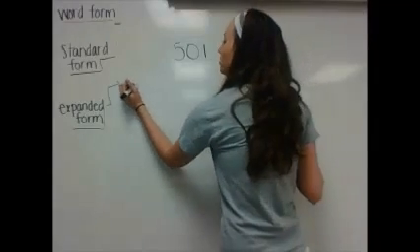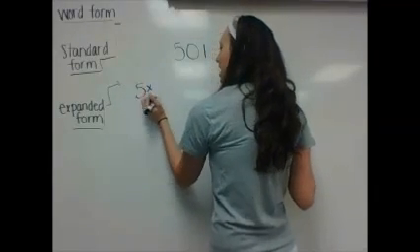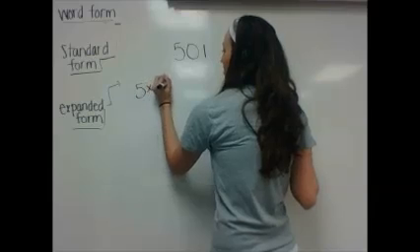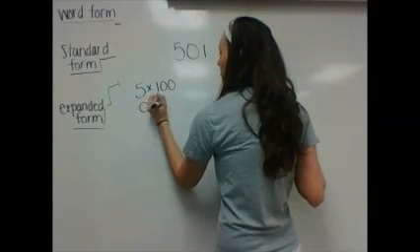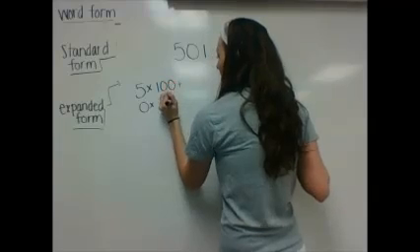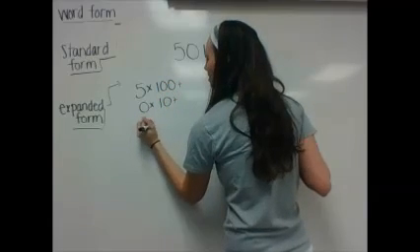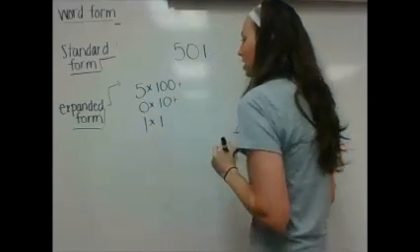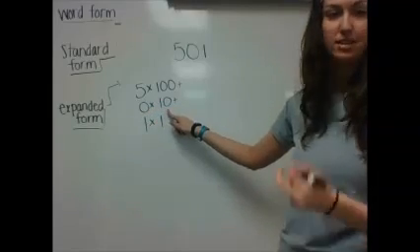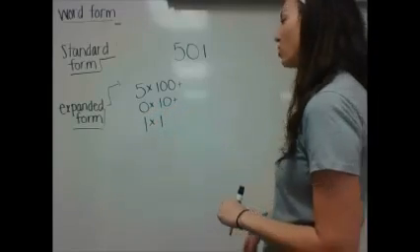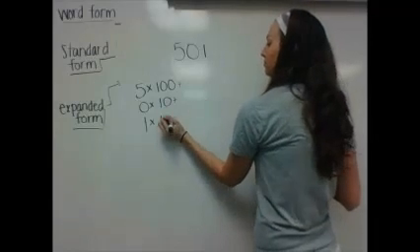Now, it would be your 5 times 100, your 0 times your 10, and your 1 times your 1. Now, because we all know that 0 times anything is always going to be 0, if you want, you could write this one like this.